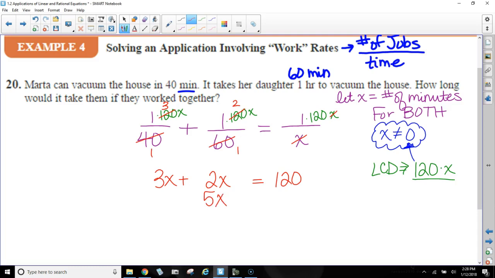Solving this for x, 3x plus 2x is 5x. Divide both sides by 5 to solve for x, and the number of minutes it's going to take when they work together is 120 divided by 5, which is 24 minutes.